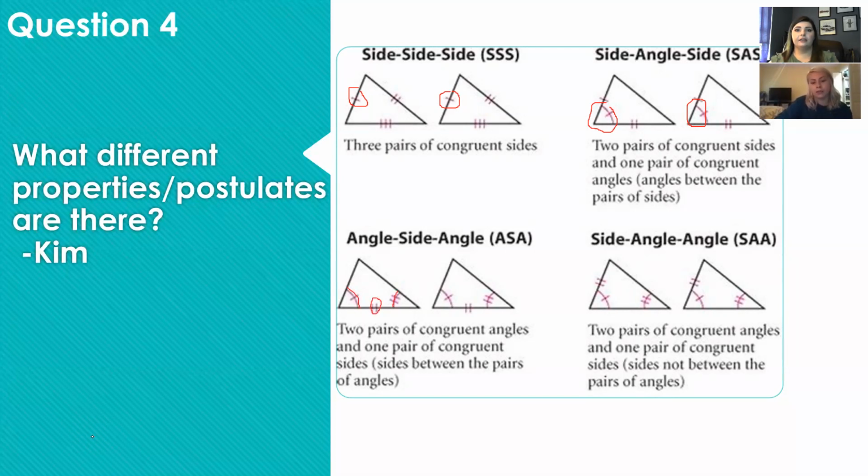And then our last one is side angle angle, which is SAA. We have 2 pairs of congruent angles and 1 pair of congruent sides, but the side is not between the pair of angles. So we see down here at angle side angle, our congruent side was between these 2 angles, correct? Yes. So that would have been right here, but it's not. It's now up here. Oh, I see.